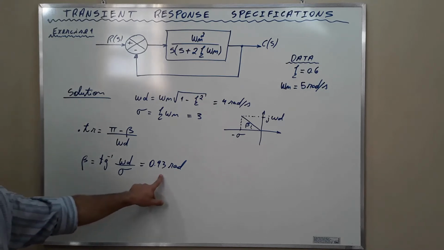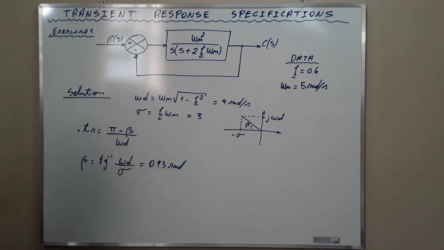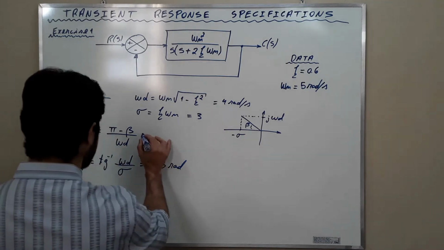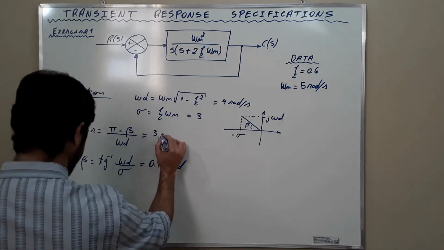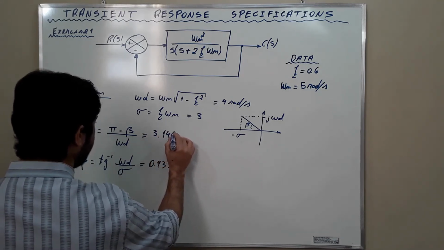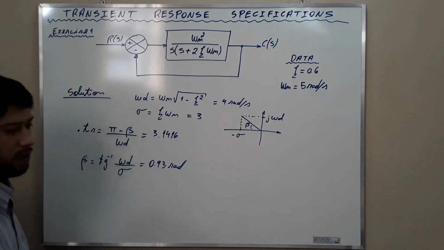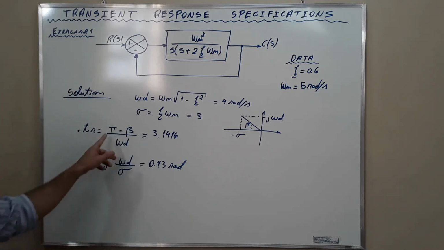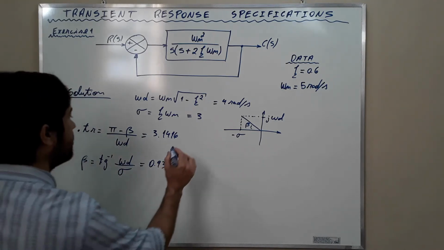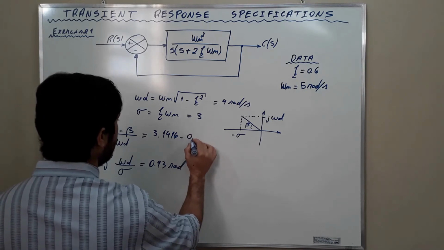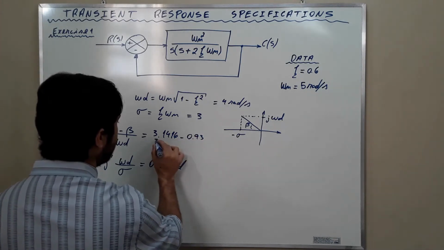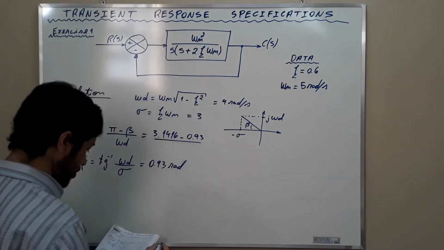And if we use this value here, we find 3.1416, an approximate value for pi, minus 0.93 divided by Wd, which is 4.